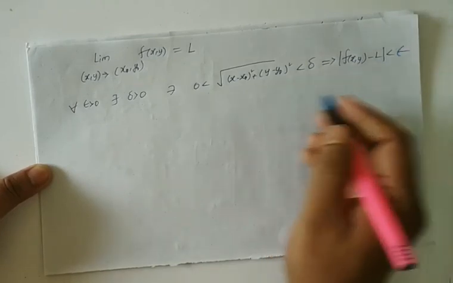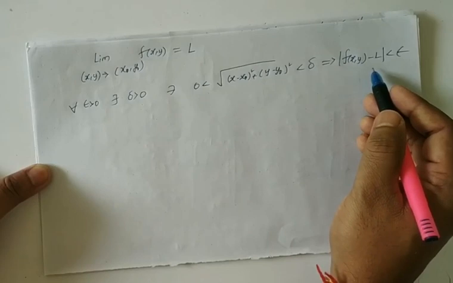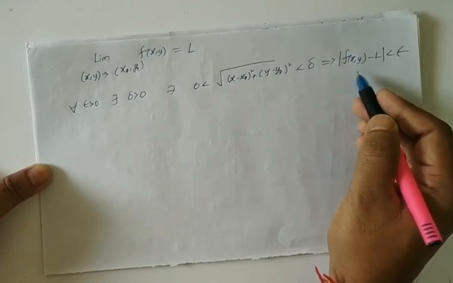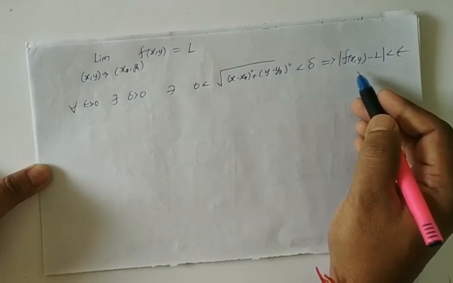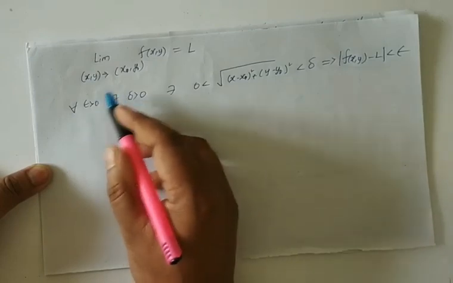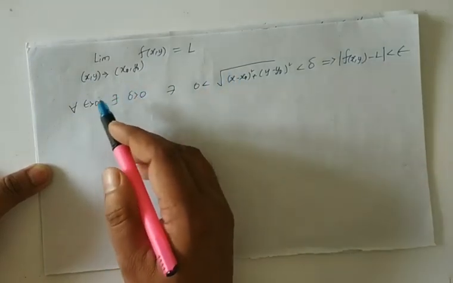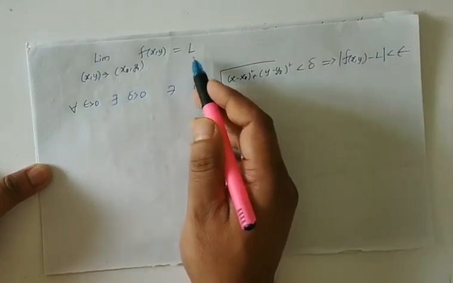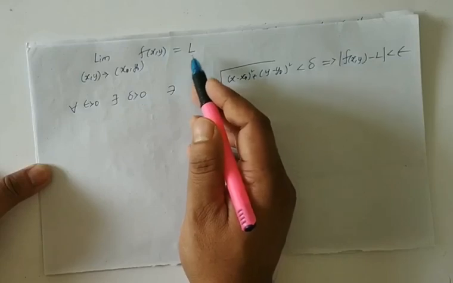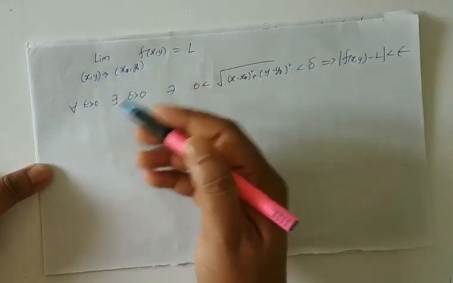So just remember, here L is a finite real number, and L is called the limit of the function of two variables x comma y as x y approaches x naught y naught. If L is a finite number, then we can say that the limit of this function exists, otherwise it does not exist.